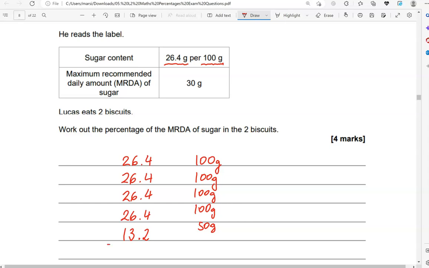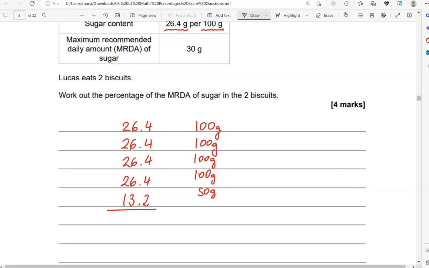So adding these together, 4 and 4 is 8, and 4 is 12, and 4 is 16, and 2 is 18. So 8 down and 1 carried over. 6 and 6 and 6 and 6, so that is 4 lots of 6, that is 24. 24 and the 3, that is 27, and the 1, that is 28.